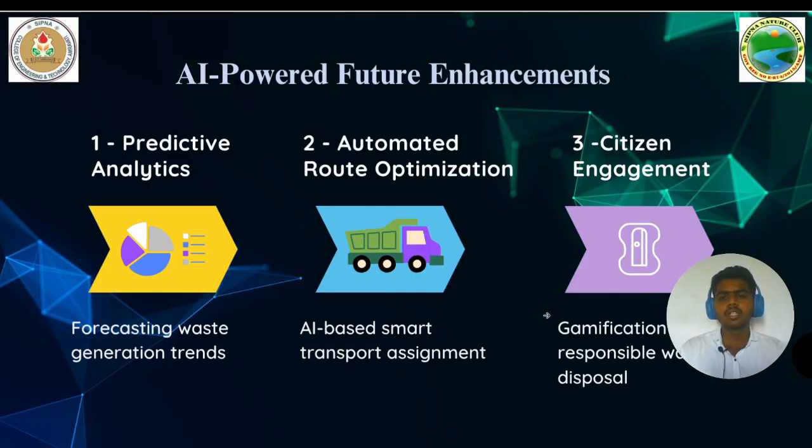Then what are the AI-powered feature enhancements in this system? First is predictive analysis. This will analyze when the most waste is generated, in which month or on which day of the month, and based on that it will suggest the best way to optimize the process.